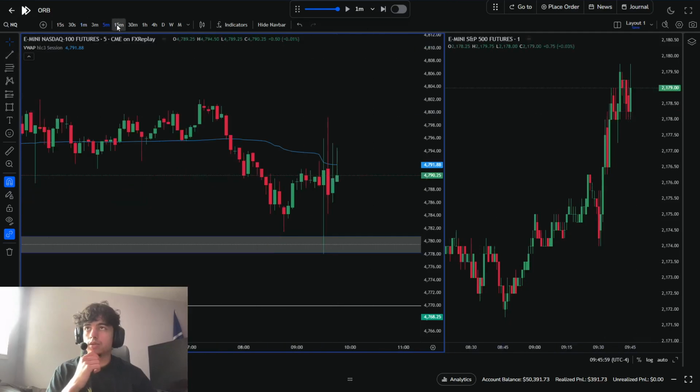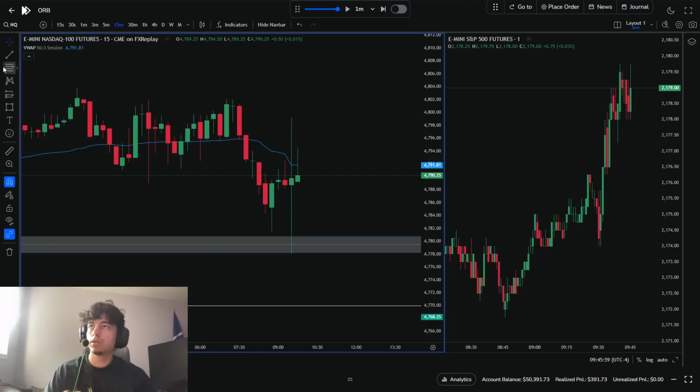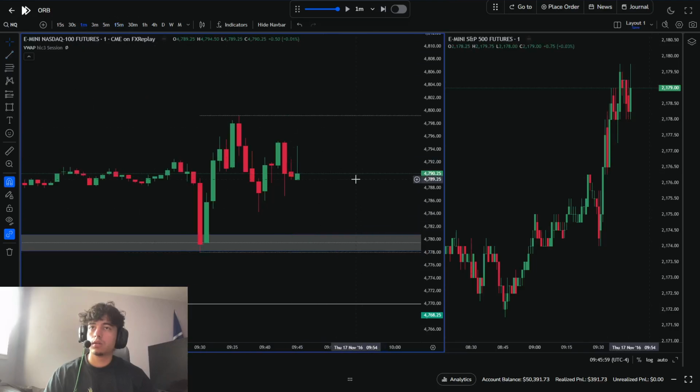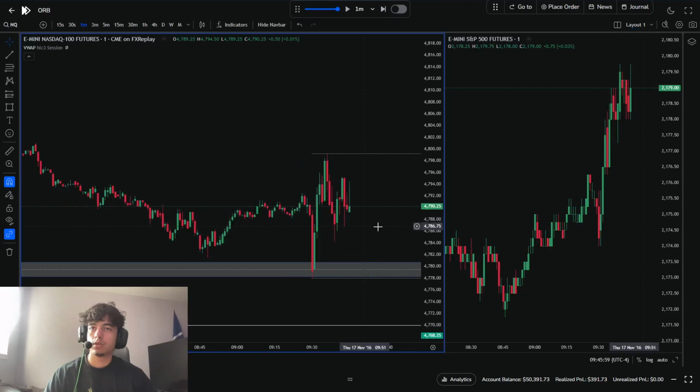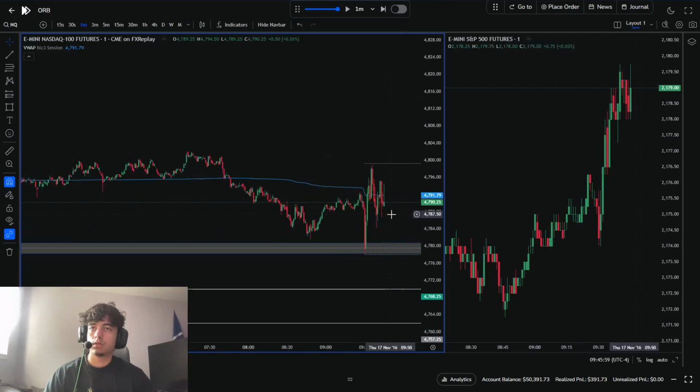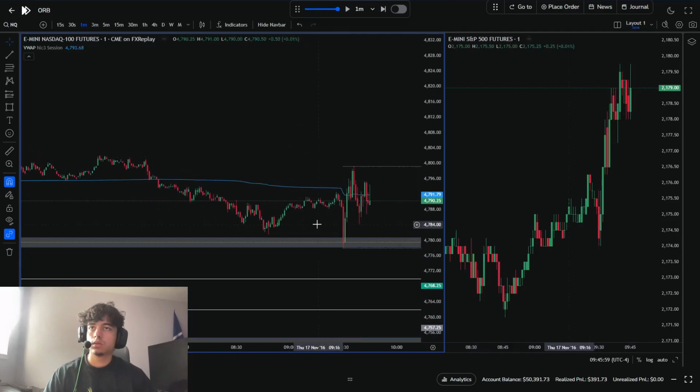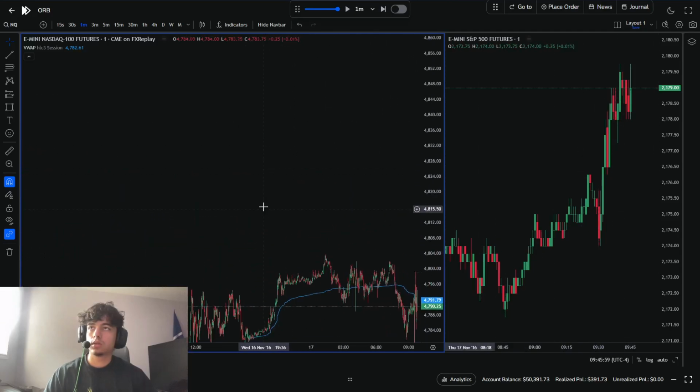Okay, so the 15-minute candle just closed. Pretty big range right there. I am bullish though, so let's see, can we get that 4-hour unfilled that we didn't hit?